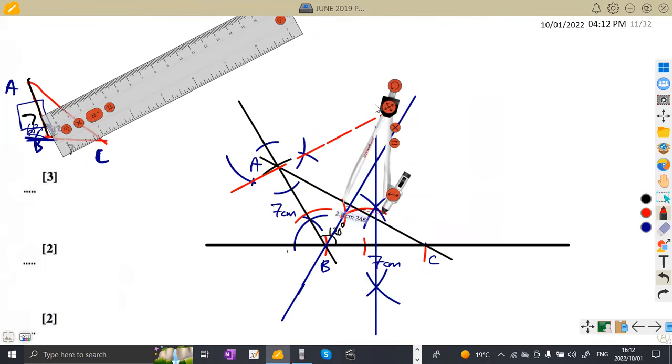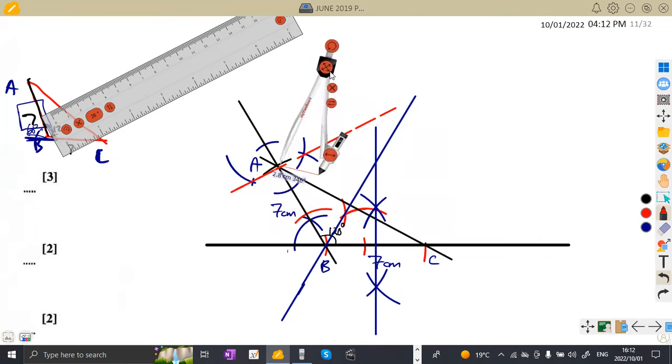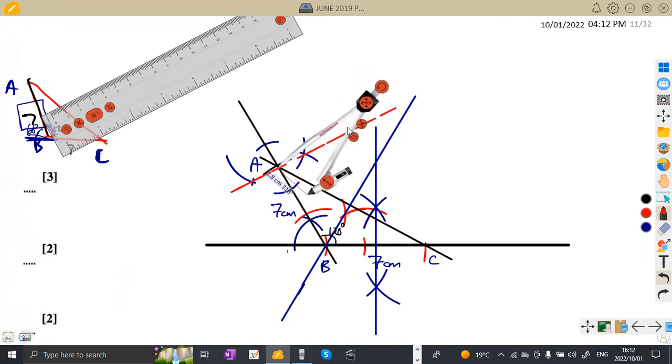Now we are going to bisect because we need an angle BAD. From B to A to D, it must be 45 degrees. Remember what we told. So you are supposed to bisect now the angle that you are given in this case. Okay, so to bisect, remember, we just need any distance of your choice from that point.